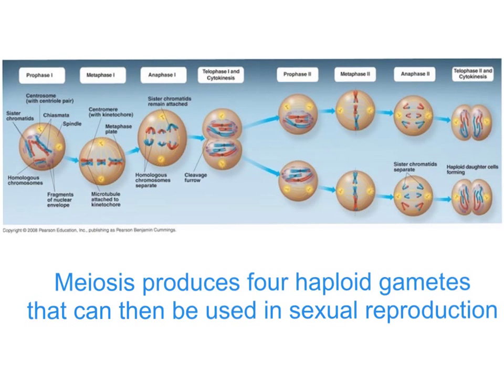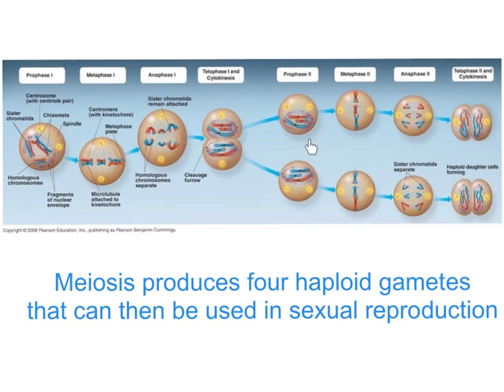I'll leave you with this overview of the entire process of meiosis, including the 4 stages of meiosis I, and then the 4 stages of meiosis II. Okay, so remember meiosis I, right here, is the reduction division. We get genetic variation through crossing over in prophase and independent assortment in metaphase I. And then after telophase I is over, we have half the number of chromosomes, or haploid condition, in each of the 2 cells.